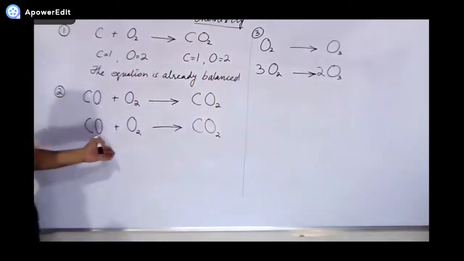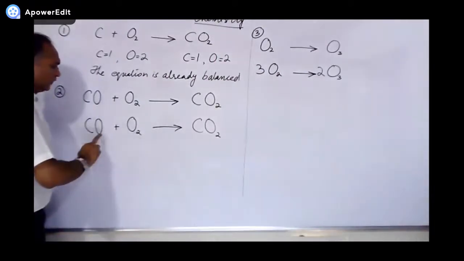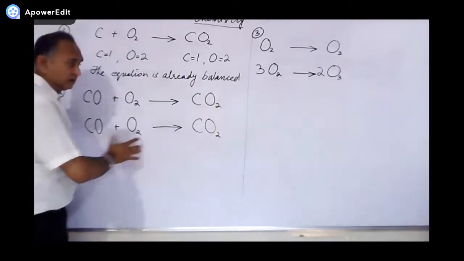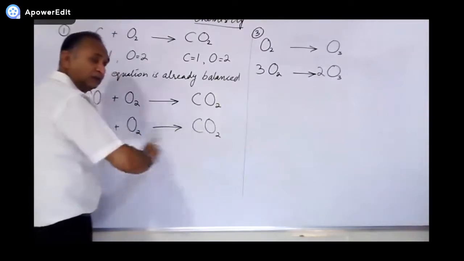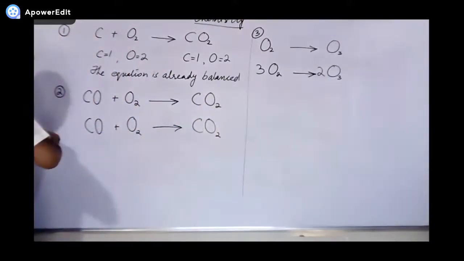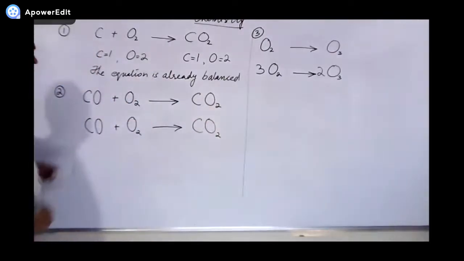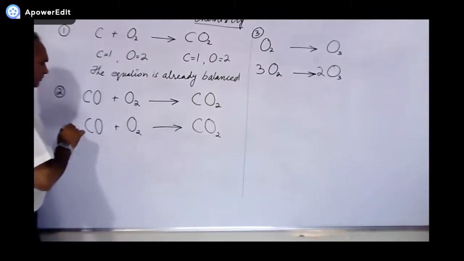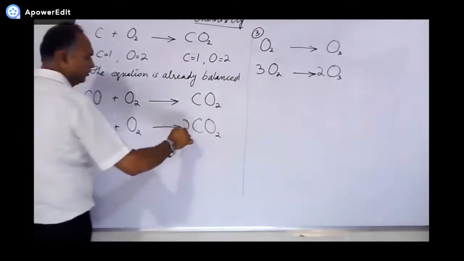Look at the board, this one. 2 plus 1, 3 oxygens. 2 oxygens. So 3 and 2 consecutive numbers. So 2 should be multiplied from this side, 3 on that side.